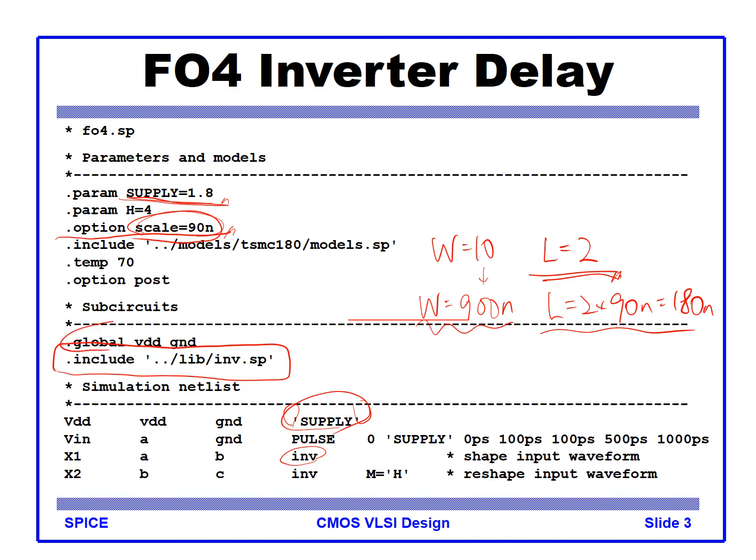The global command VDD and ground means that once this net is defined with .global, then all the signal nodes that have the same name through the hierarchy will be connected.